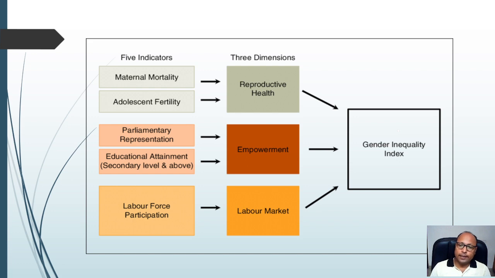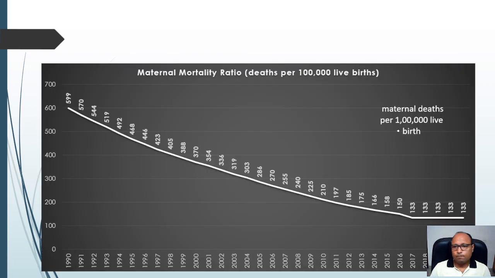And if you look at the data, what happened to the maternal mortality ratio, that is death per 1 lakh live births. It means how many females die while giving birth to a new baby out of 1 lakh live births.